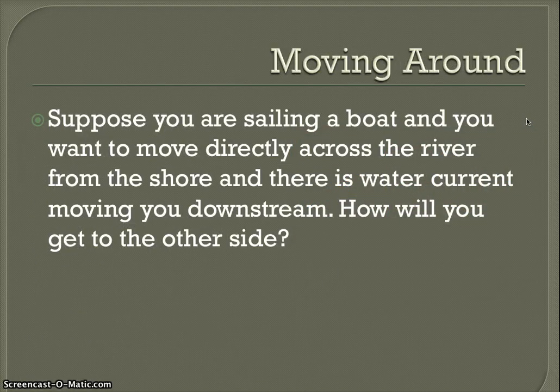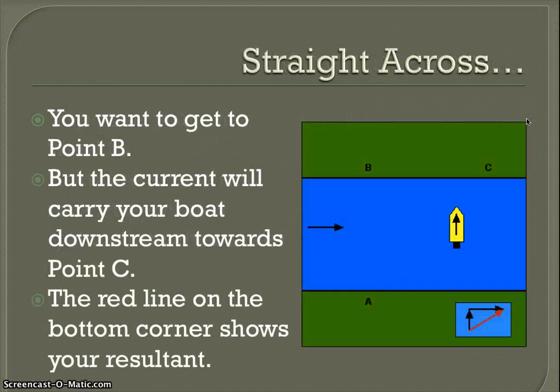Now, if you're sailing a boat and you want to move directly across to the other side, but there is a water current moving you downstream, how will you get to the other side? Think about it. What would you need to do to get directly to the other side? If you want to get to point B and you sail your boat towards point B, not considering the water current pushing you downstream, you'll end up going in this direction.